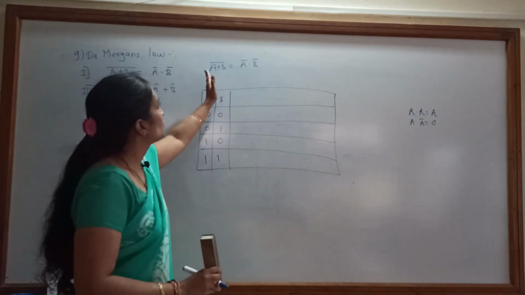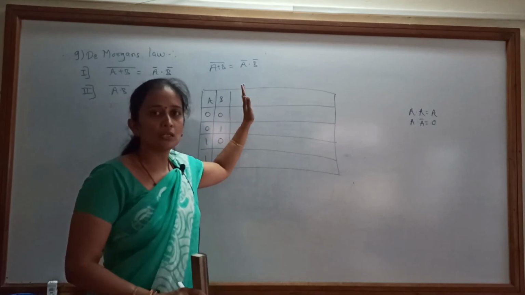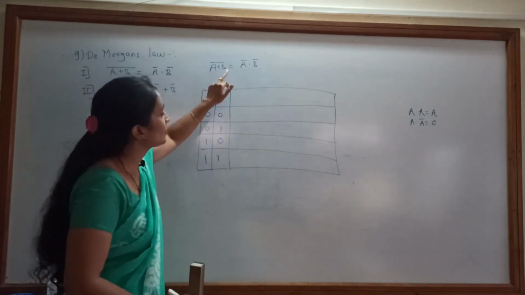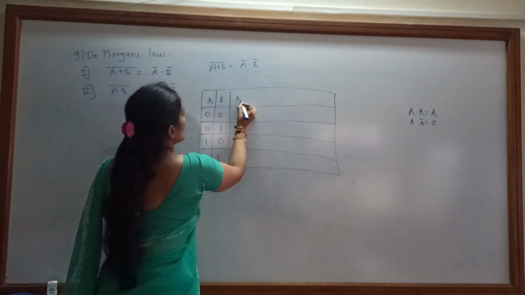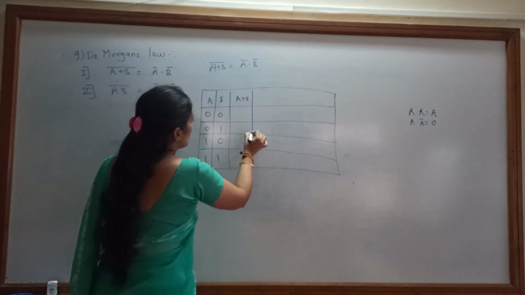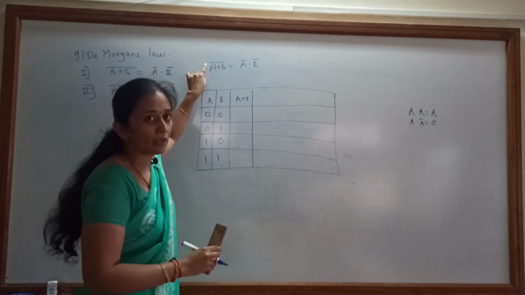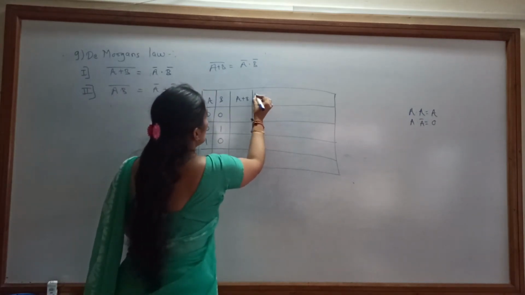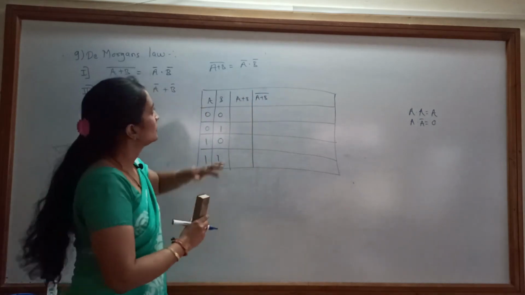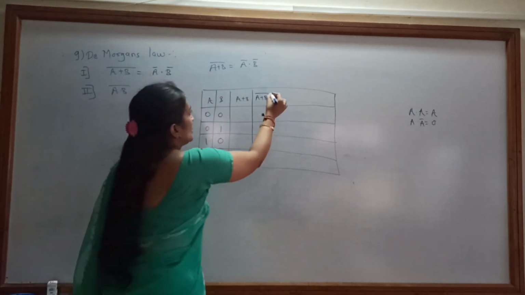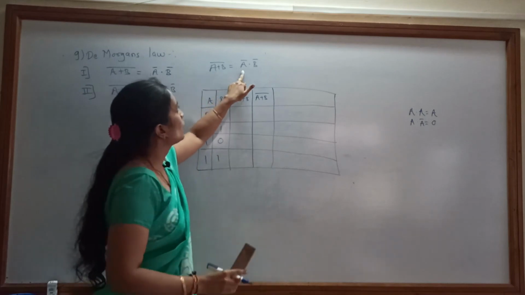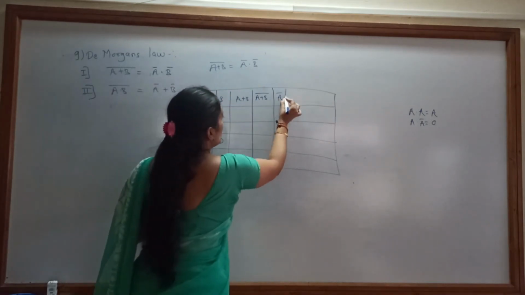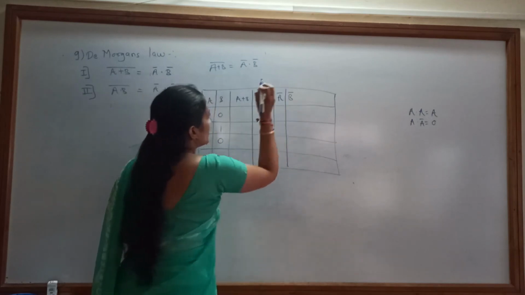Now, to prove this, for this expression, which terms we want? First term is A plus B. I will write here A plus B. Next is complement of A plus B. I'll write here A plus B whole complement. This side we have completed. Here, what we want? A complement, B complement. I'll write here A complement, B complement.